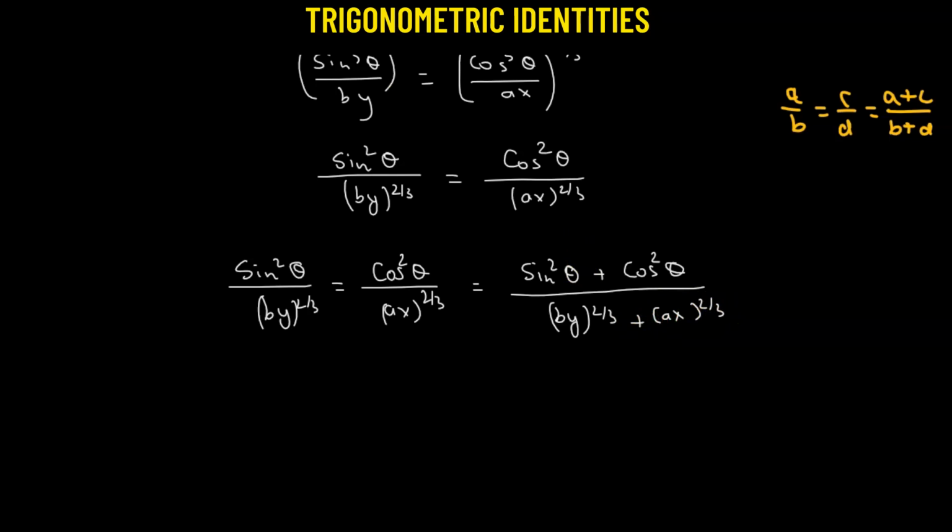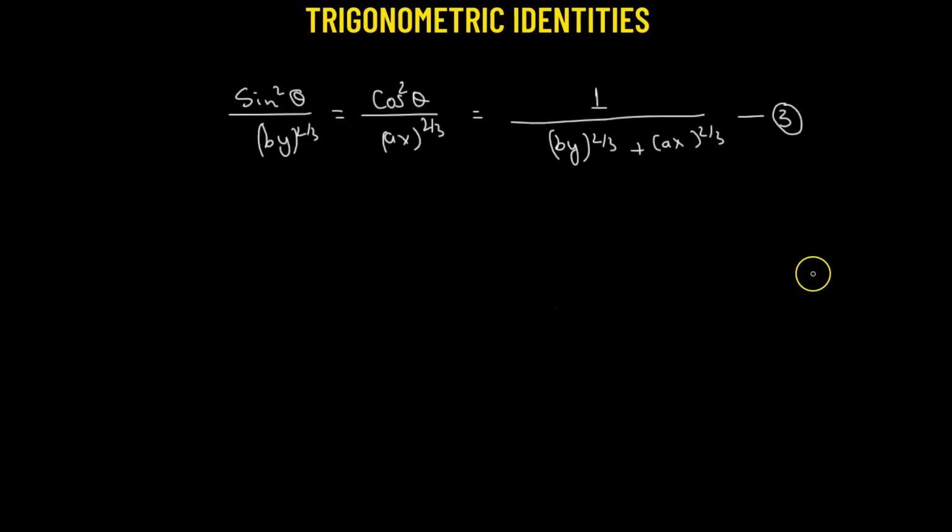Now sine squared theta plus cosine squared theta is a standard trig identity whose value is always 1. So our numerator is simply 1, which gives us, let this be equation number 3.